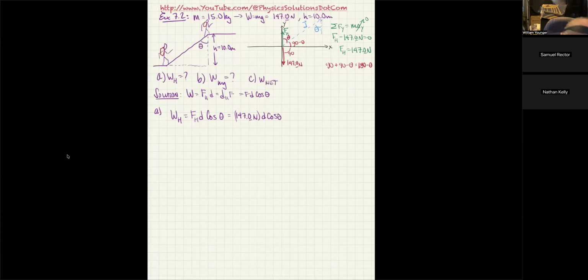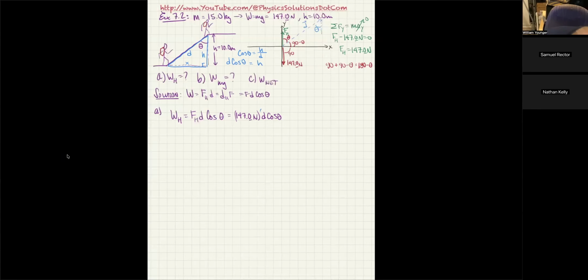If you look at the diagram, you can realize that D is this distance, and this distance is h, and let's just call this distance x, and in fact that's a right triangle. You'll notice that D cosine theta is in fact equal to, since cosine theta is equal to adjacent over hypotenuse, the adjacent is h and the hypotenuse is D, so D cosine theta is just equal to h.